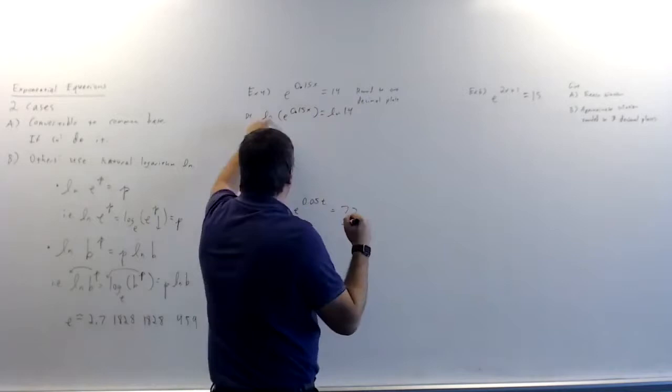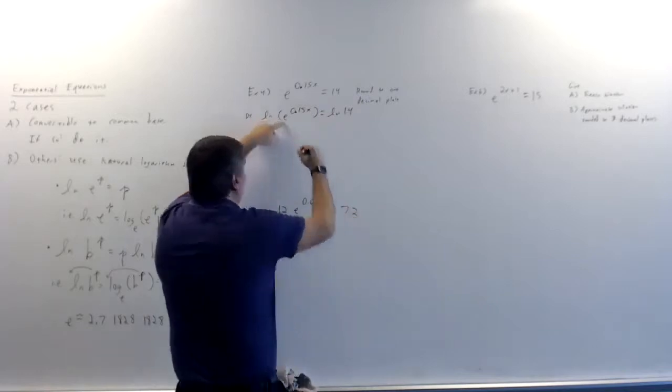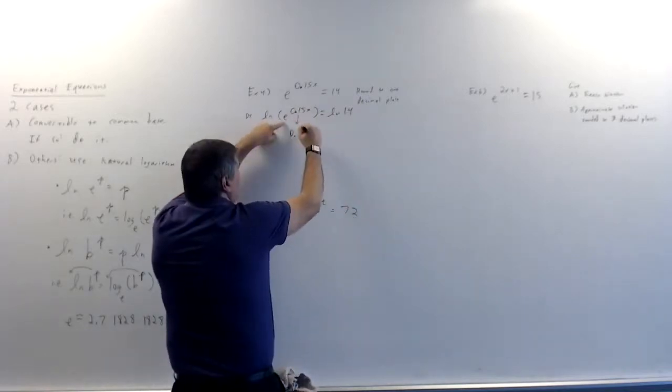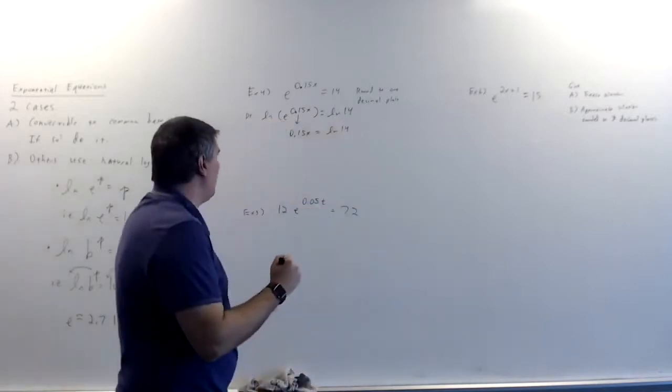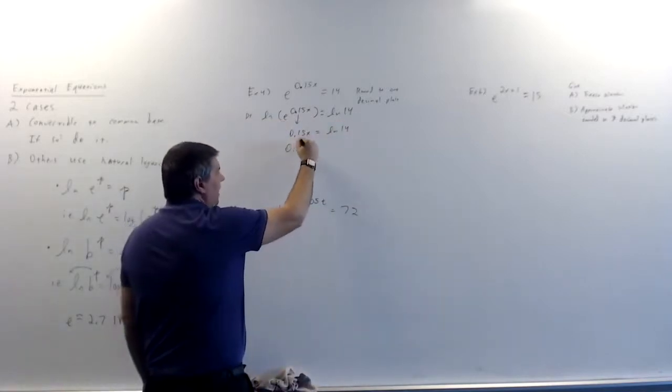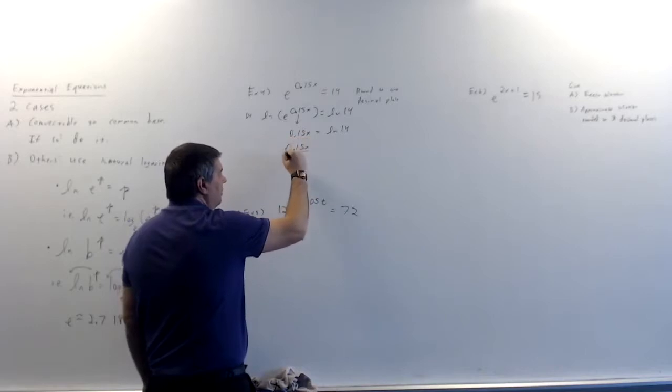Now, log base e of e to a power just leaves you the power. So the only thing I have to do now is divide off that 0.15.